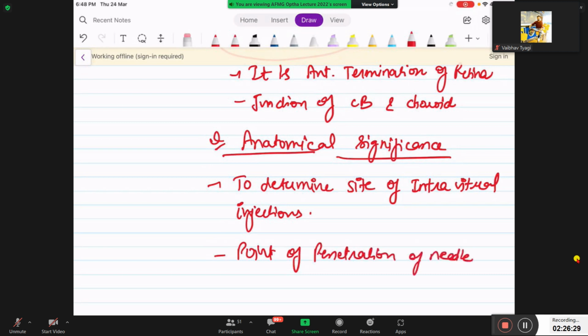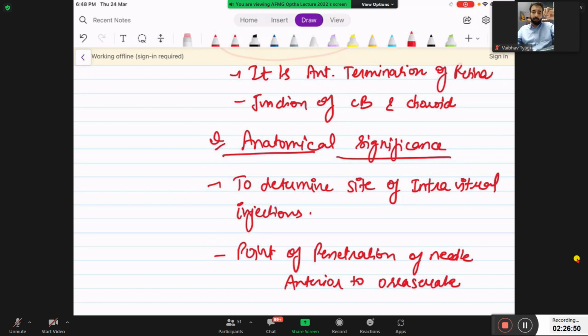Point of penetration is always anterior to ora serrata. Right? Now suppose this is our globe.